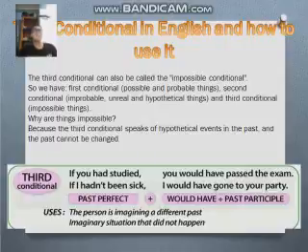Why are things impossible? Because the third conditional speaks of hypothetical events in the past, and the past cannot be changed. This type of conditional talks about things we think were possible in the past, but didn't happen, and now it's too late.